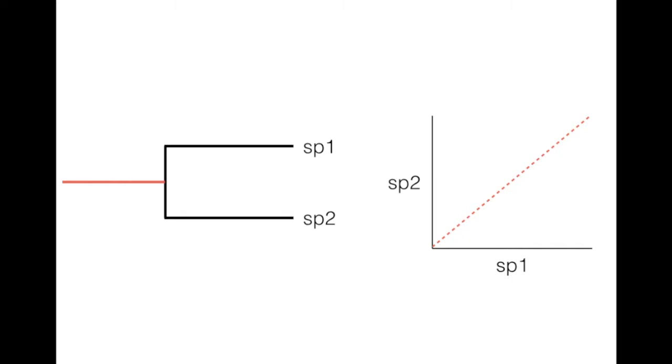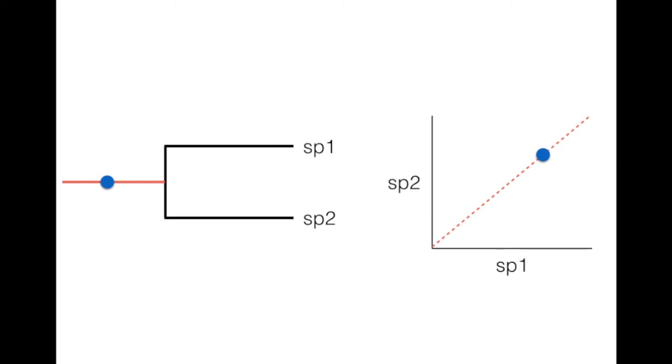Since we have a single lineage that's ancestral to both species 1 and species 2, we can plot any phenotype that that species has along this dotted line, which shows the one-to-one relationship between the phenotype of species 1 and species 2. These two species haven't diverged from one another, and so their phenotype at this point is equal, and we can plot that with this blue dot.